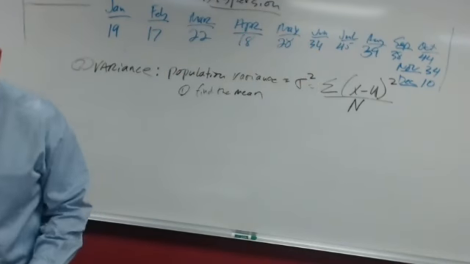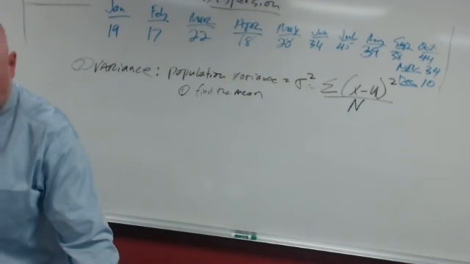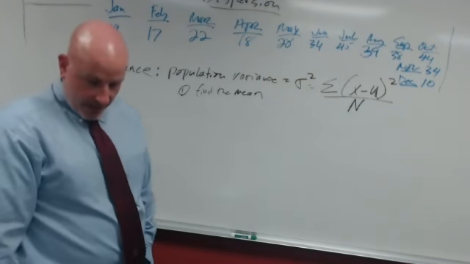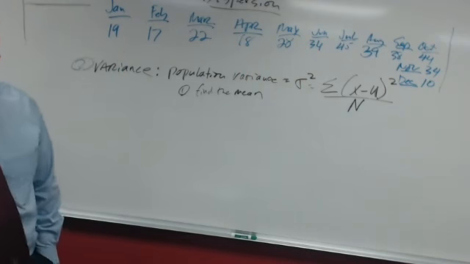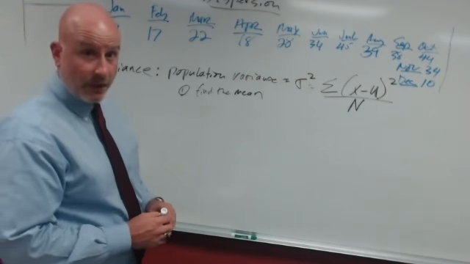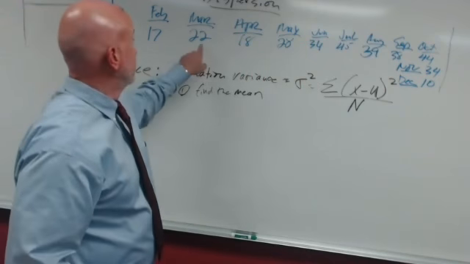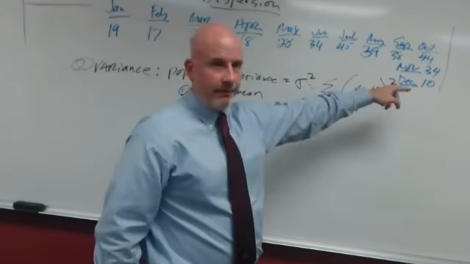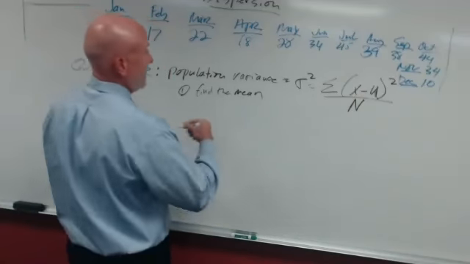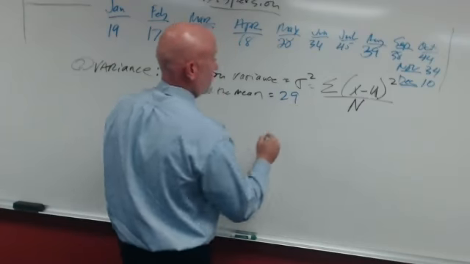So step one, begin by finding the mean. Someone tell me what my mean is. 29. You add this up and then divide by 12. So the mean is 29.